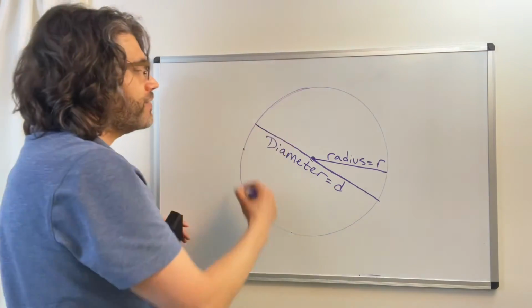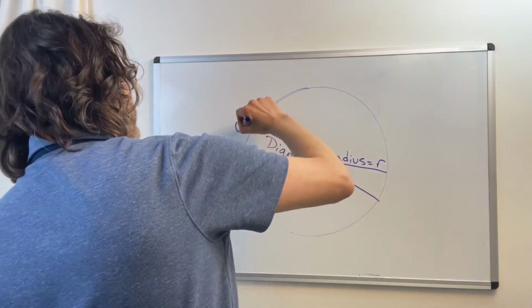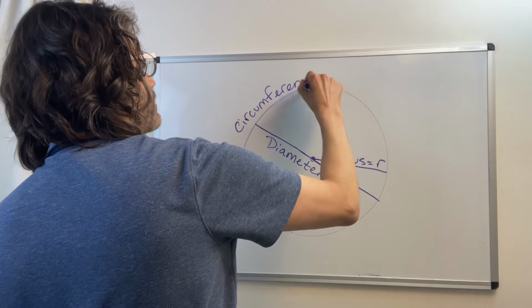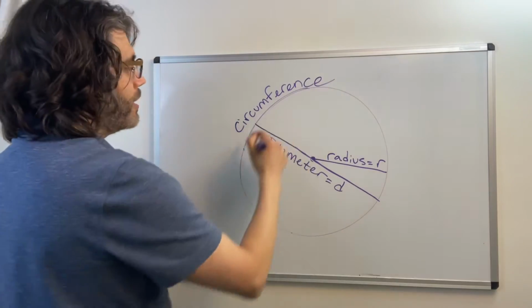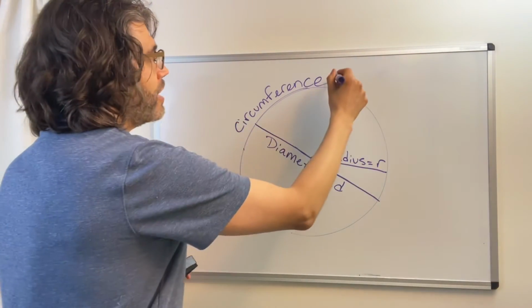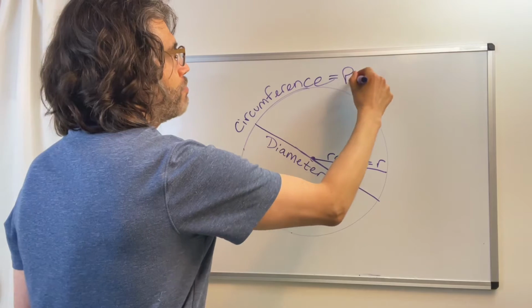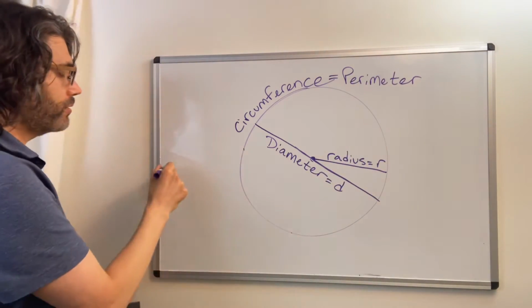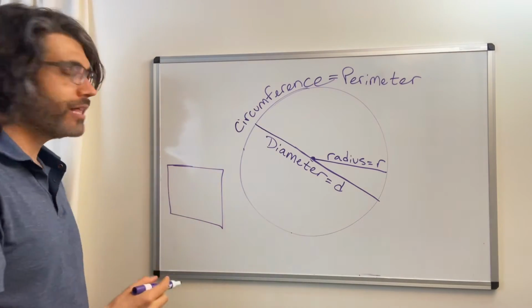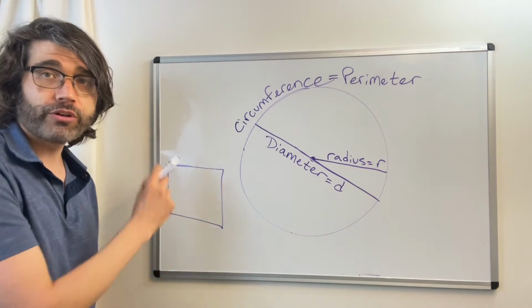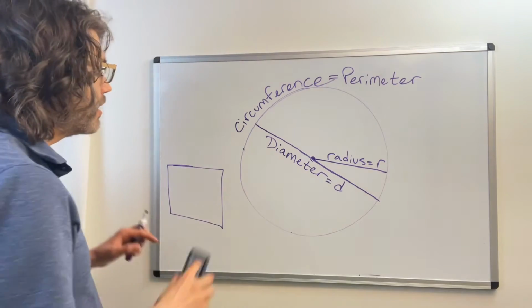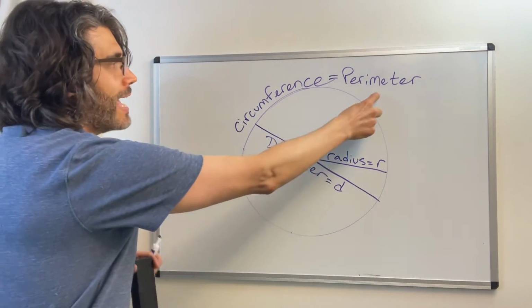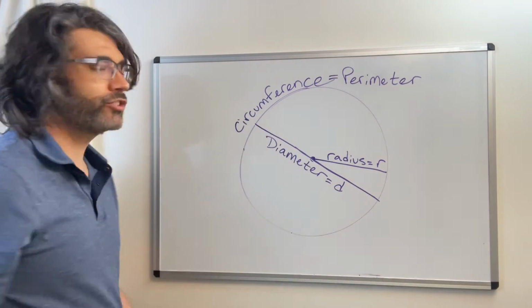And then the edge of the circle is called the circumference. All the way around is the circumference. The circumference is the perimeter of a circle. So just like a rectangle has a perimeter, if you add up all four sides, you get the perimeter, we call the perimeter for a circle the circumference.